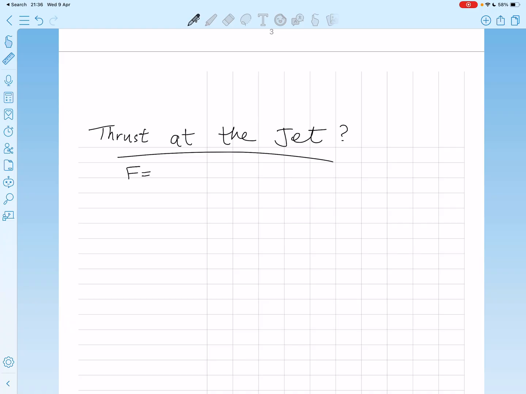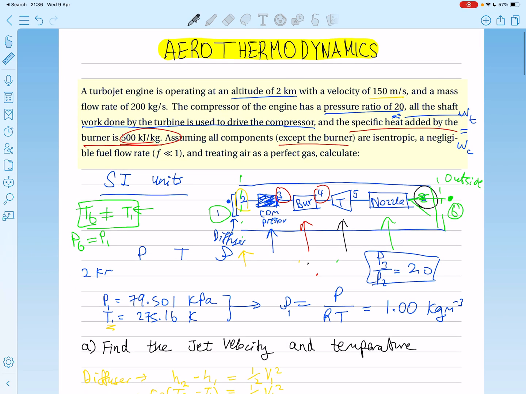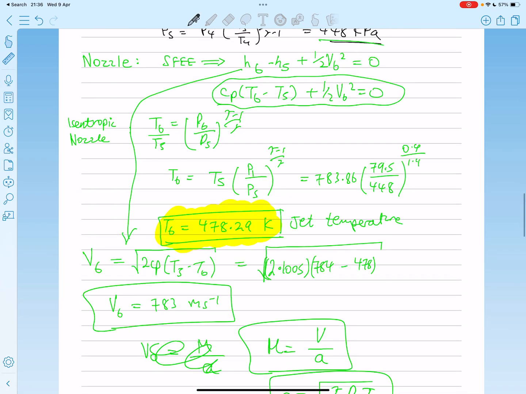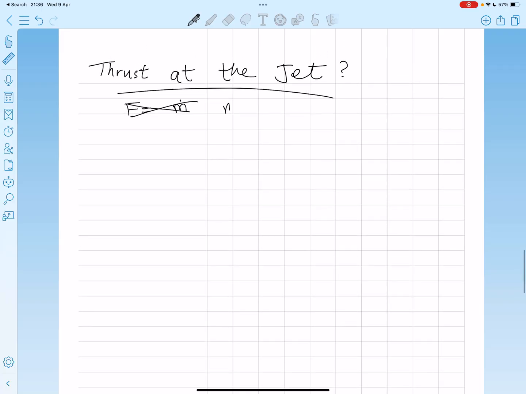So you can just use the equation that, the question says fuel flow rate is negligible. So fuel flow rate is defined as the mass flow rate of fuel over the mass flow rate of air. And this can just be equal to 0. So the entire expression equals to 0.